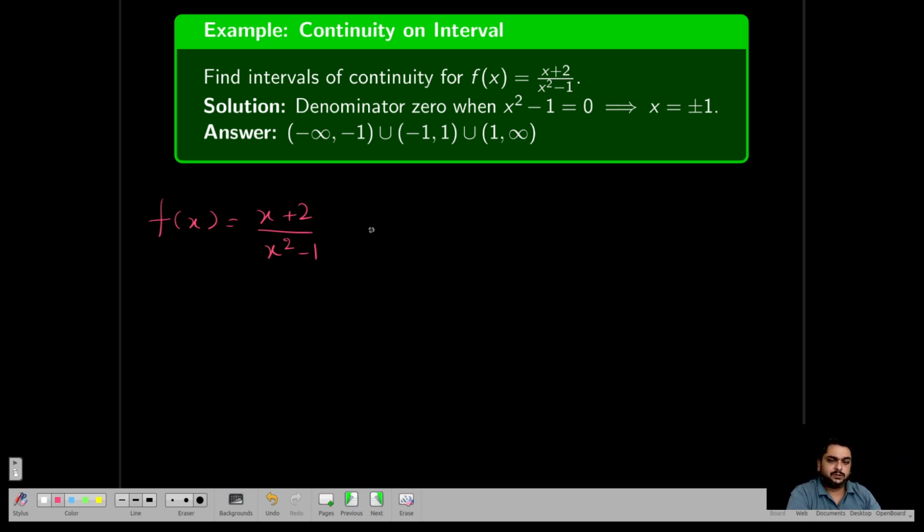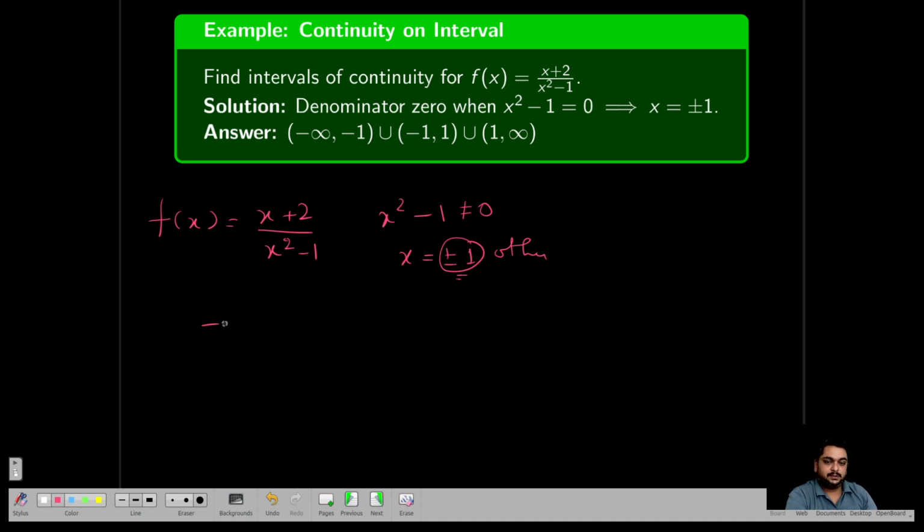If I put x equal to 1 or minus 1, the denominator will fail. So x square minus 1 should not be equal to 0. For x equal to plus or minus 1, it will be 0. Other than these two values, minus 1 and plus 1, you should be working.